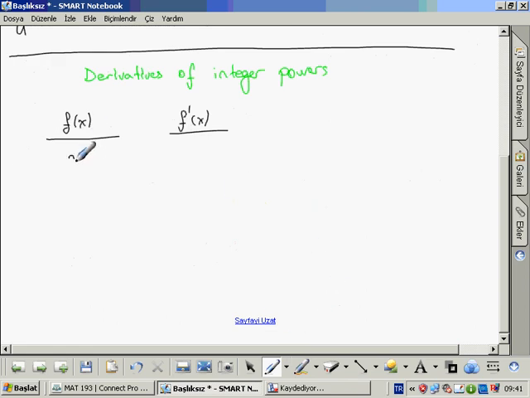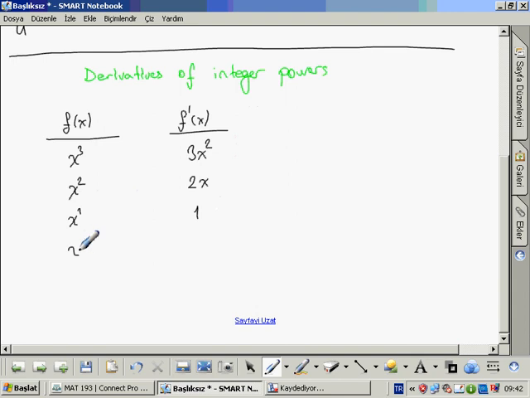What are these? x cubed has derivative 3x squared. After that x squared is equal to 2x. And x to the power of 1 is equal to 1.